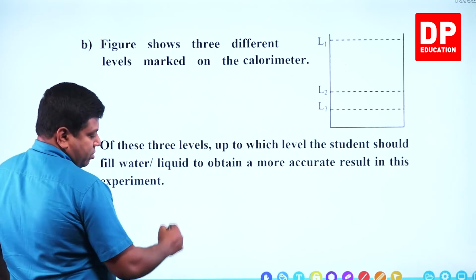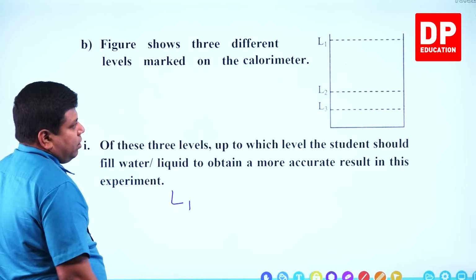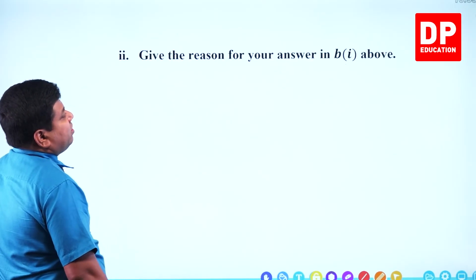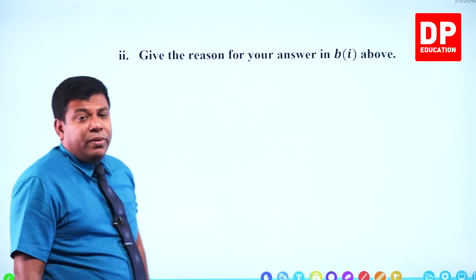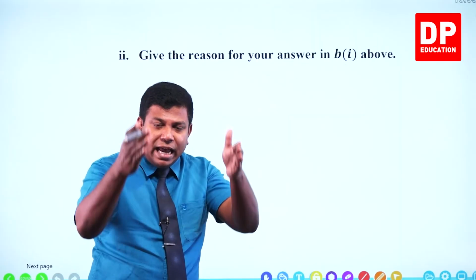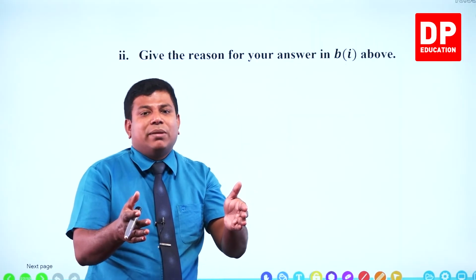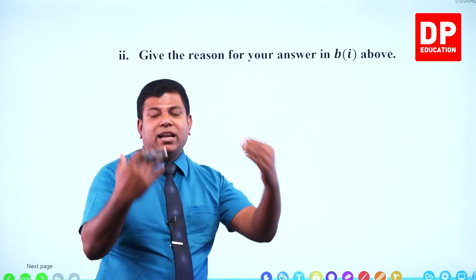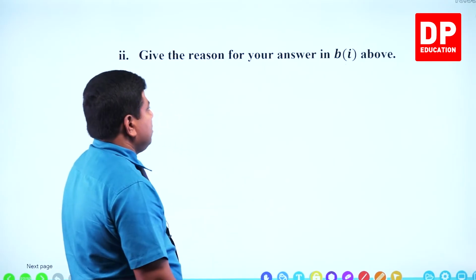L2 and L3 are too low, not L2, L3. Give the reason for your answer. I explained, you remember, if you keep the water level high, then you can ensure the entire calorimeter wall is maintained at the same temperature.